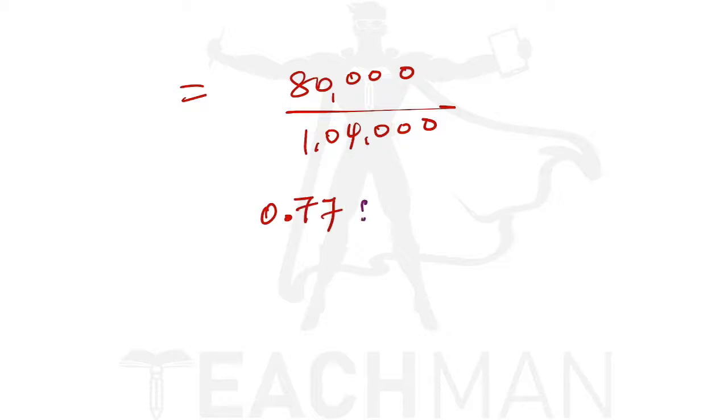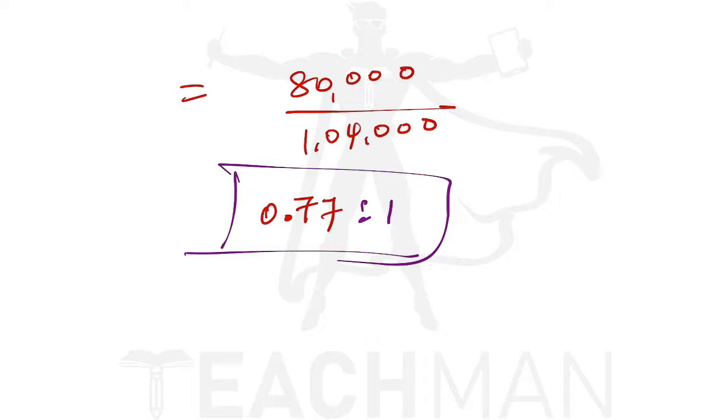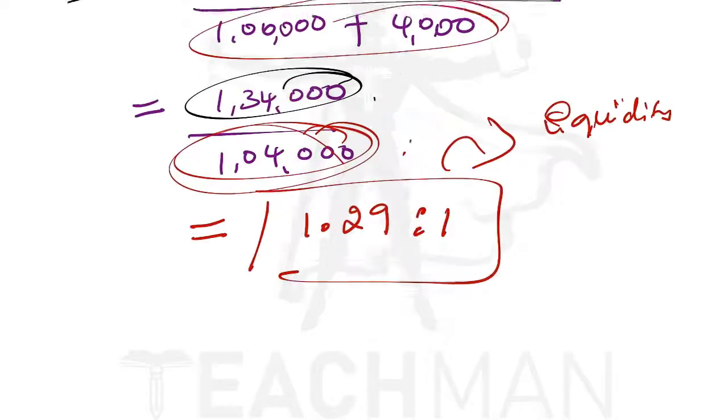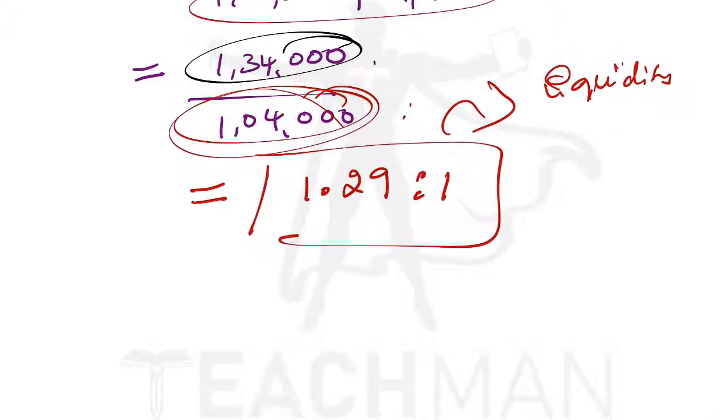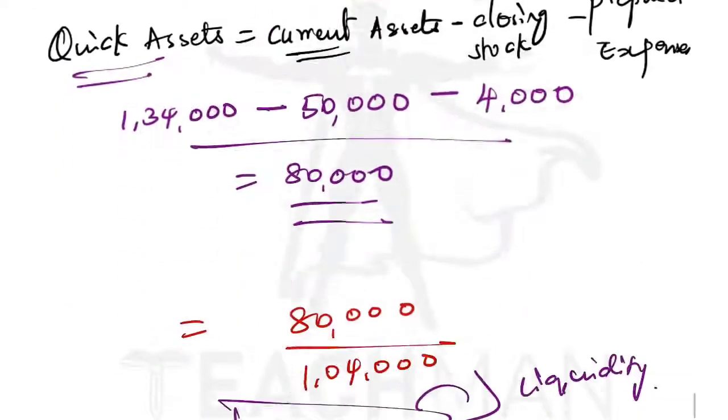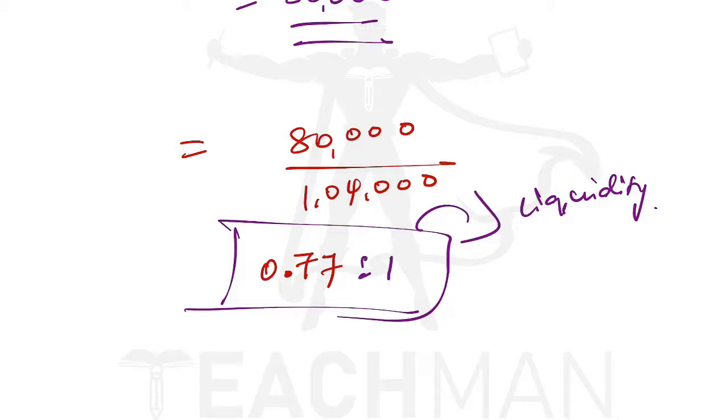Now as I said, we have to write "is to 1" for liquidity ratio because this shows the liquidity of a firm. Current ratio answer will be 1.29:1, whereas our quick or liquid ratio answer will be 0.77:1. This type of question is normally asked in the final examination.